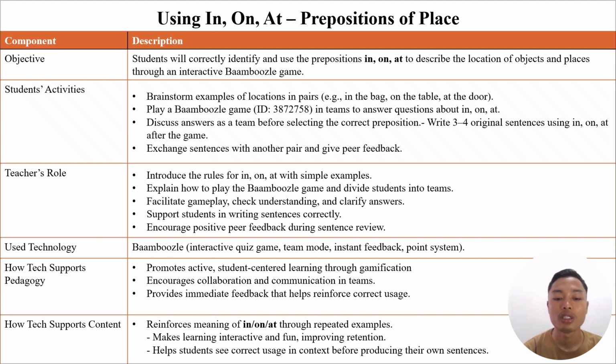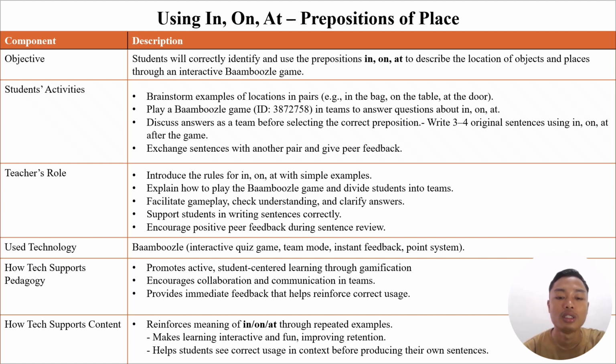Point three is discussing answers as a team. Okay, before selecting a final answer in the game, students discuss the options together. This encourages teamwork and deeper thinking as they must explain why a certain preposition fits the sentence.